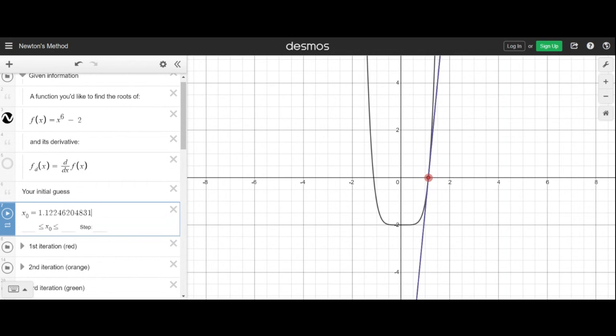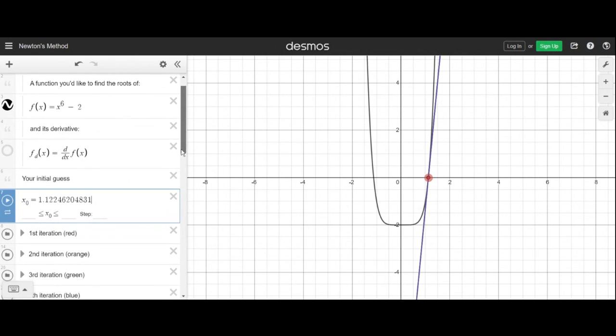So I'm going to update my initial value with the fifth iteration number, x sub 5, the 5th approximation to the root: 1.12246204831. Okay.